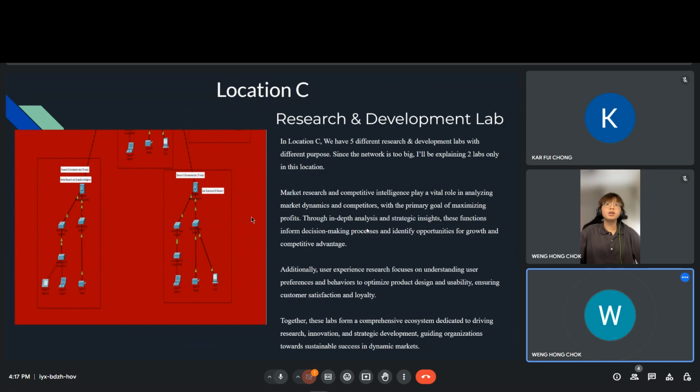Through in-depth analysis and strategic insights, these functions inform decision-making processes and identify opportunities for growth and competitive advantage. Together with this lab, they form a comprehensive ecosystem dedicated to driving research, innovation and strategy development, guiding organizations towards sustainable success in a dynamic market.